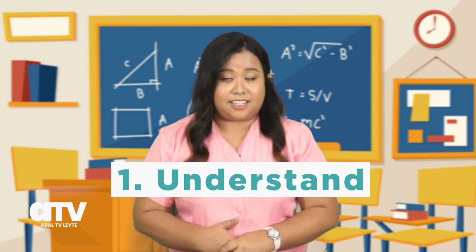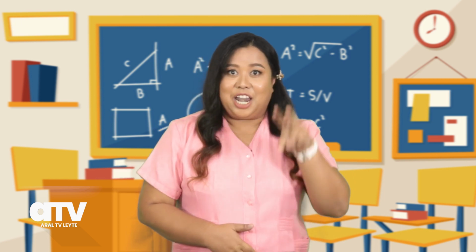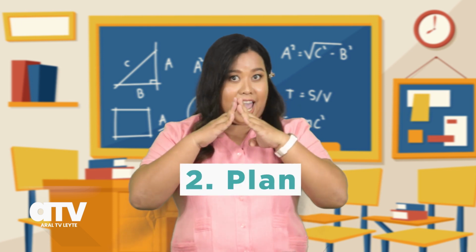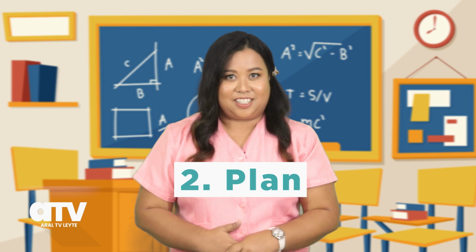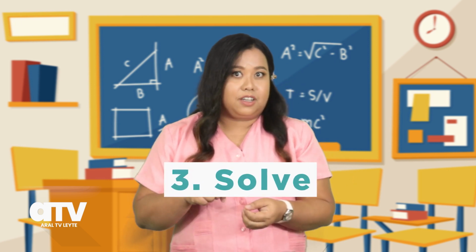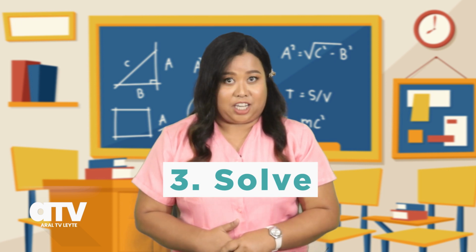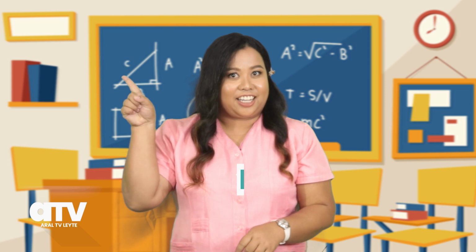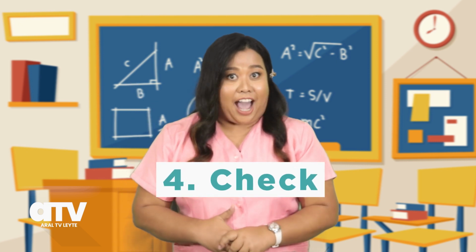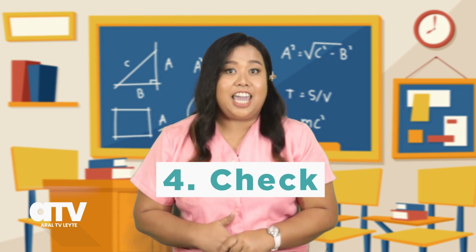Know what is asked. Identify the relevant facts. Number 2, plan. Choose the operation or formula to use. Number 3, solve. Perform the strategy. And number 4, check. Verify if the answer is correct and state the complete answer.